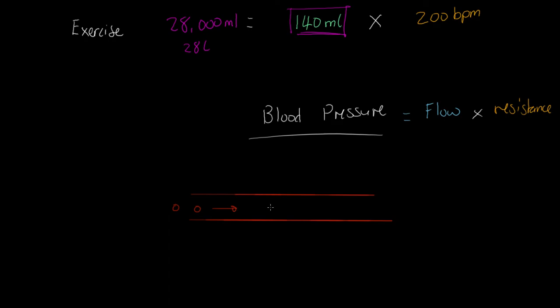And effectively they're exerting a force outwards as they move like this. And that is what we describe as the resistance. This is effectively flow, right? And that flow is exerting this force onto the walls.